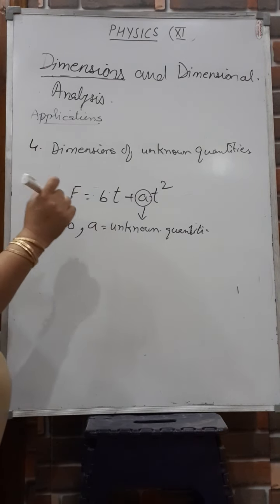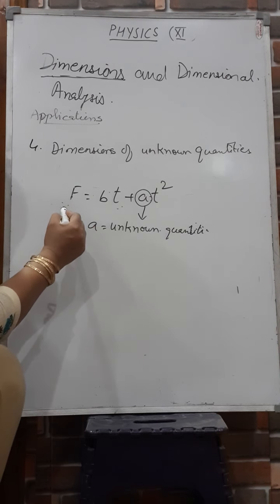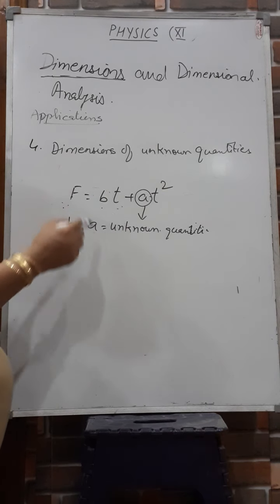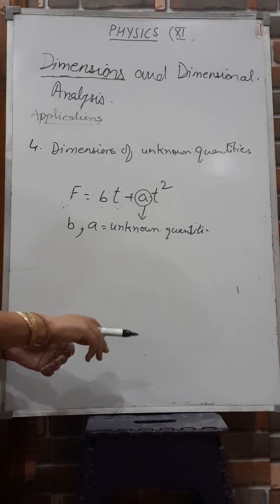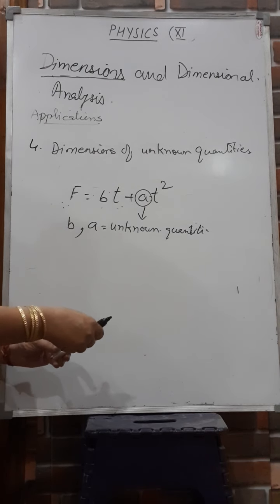According to the principle of homogeneity, the dimensions of both sides should be the same. That means if on the left side this is force, the right side should also be force. Now we know that only same type of physical quantities can be added or subtracted.